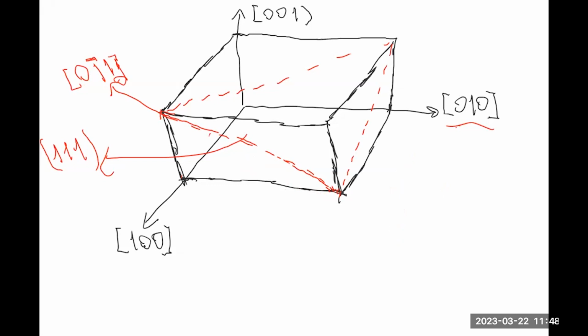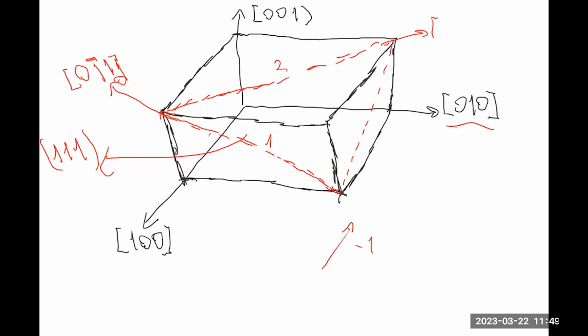So tell me the Burgers vector of, for example, let's say this guy right here. Let's say this is the first Burgers vector, this is the second Burgers vector. Along x, we go -1, right? Yes, it's going to be -1, 1.